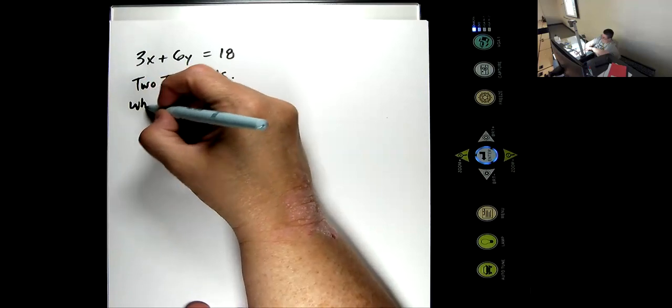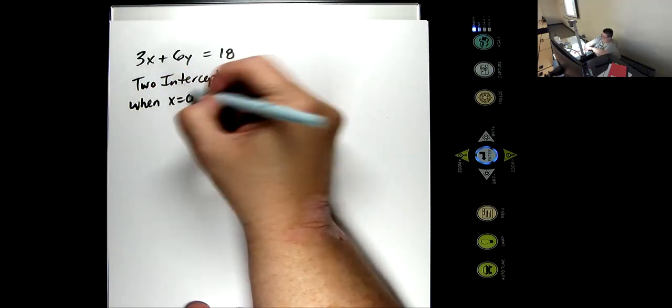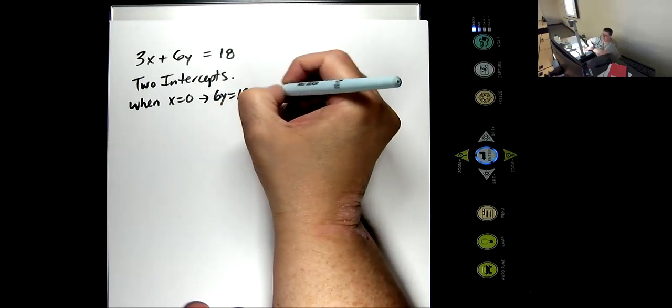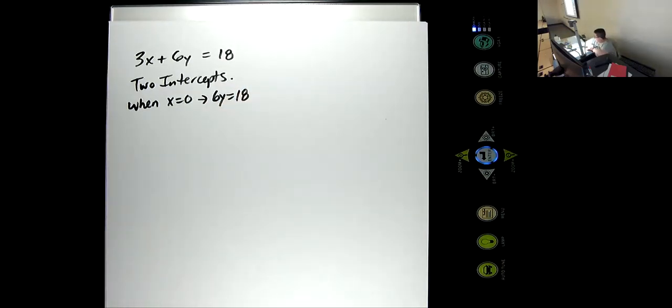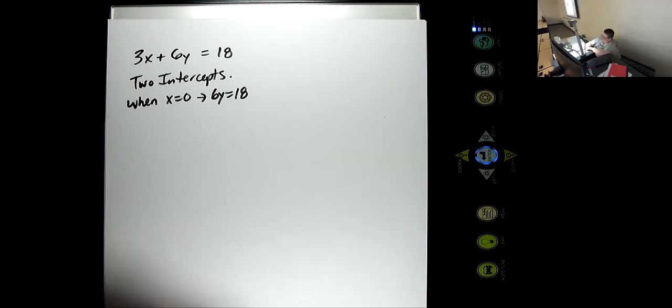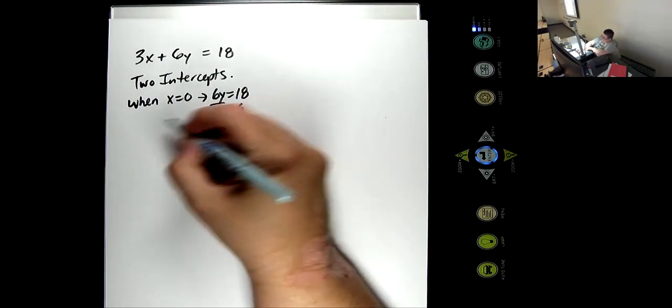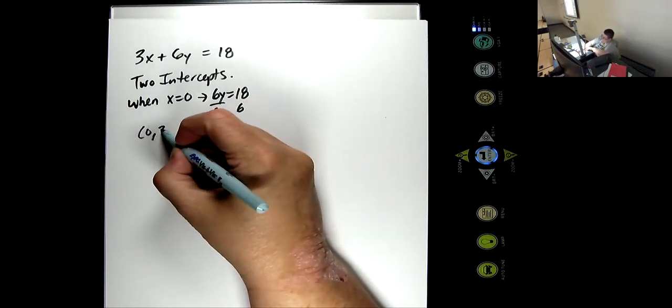When x equals 0, that equation becomes 6y equals 18, because 3 times 0 is 0. And we divide by 6 and we get y equals 3. So we will have a coordinate (0, 3).